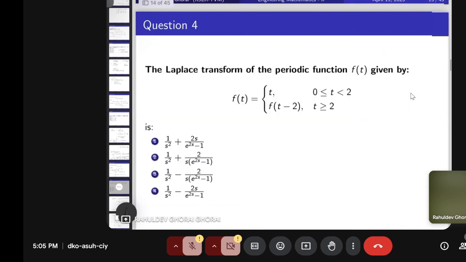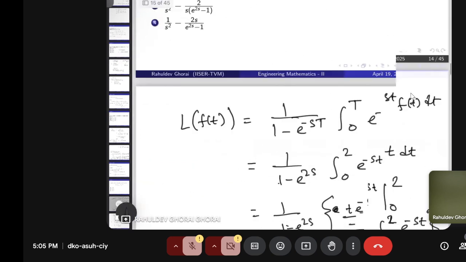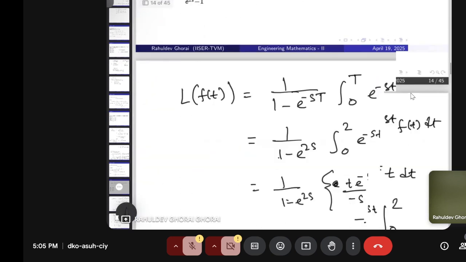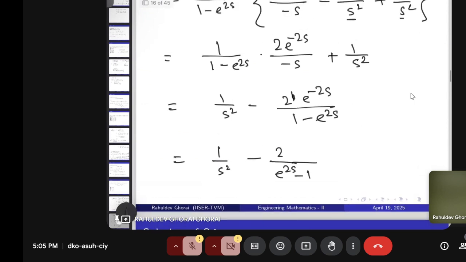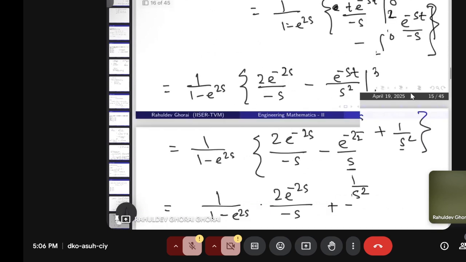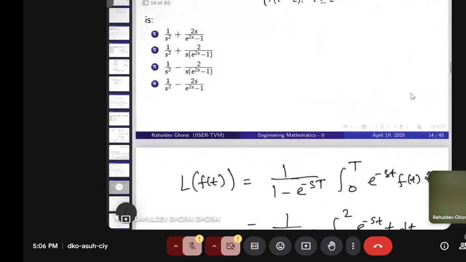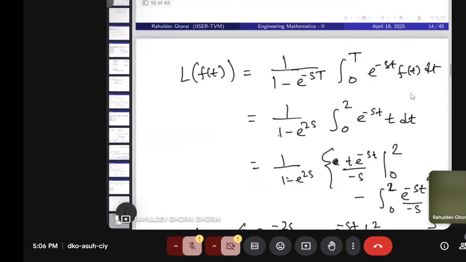So 1 over s square minus 2 over e to the power 2s minus 1, but s will still be multiplied, right? Which I forgot to do. S will be multiplied with that, in the denominator with e to the power 2s minus 1, and it will be negative. Yes, okay: 1 over s square minus 2 over s times e to the power 2s minus 1.